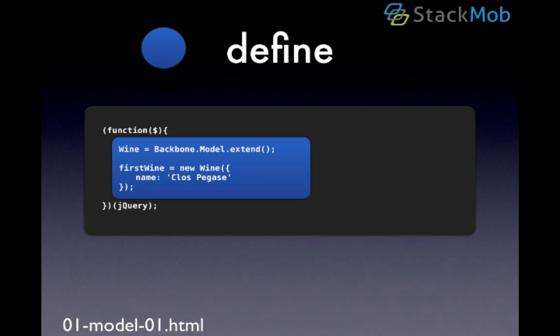I want to start off by pointing out that I've wrapped my Backbone model inside of an immediately invoking function expression. But you'll notice one thing: I'm not putting the var keyword in front of my Backbone model or in front of my instance of my Backbone model.